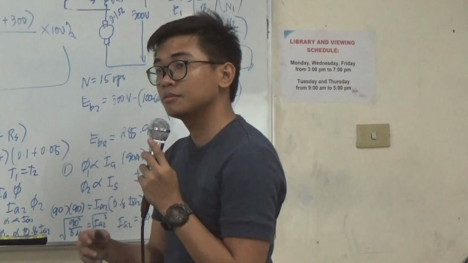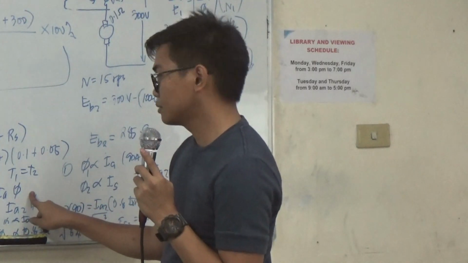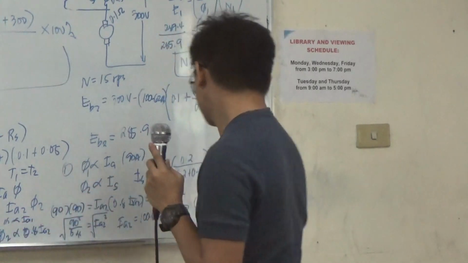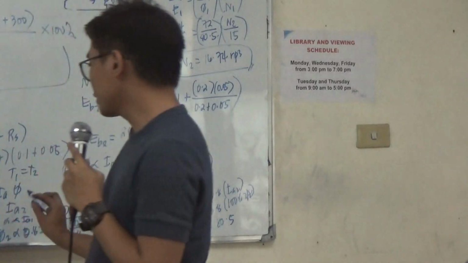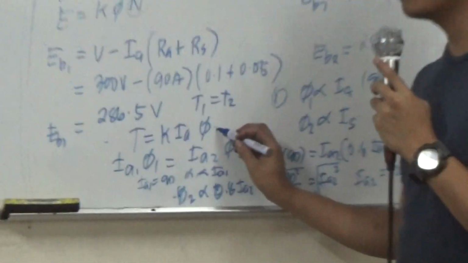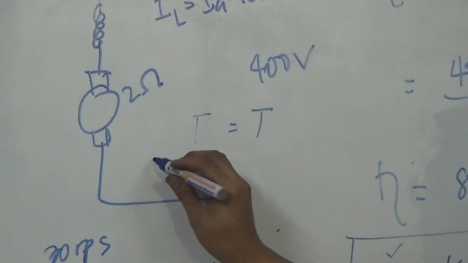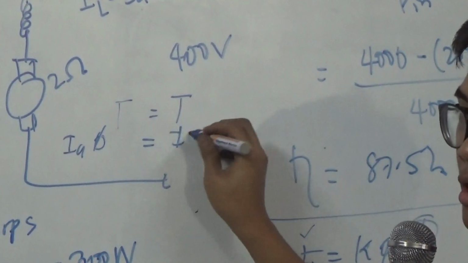Di ko lang na-gets, bakit po dun sa 90 times 90, yung 20 times 90 po, di ko na-gets yung equivalence. Ratio and proportion, no? So we assume torque. Full load torque siya, so equal siya sa torque. Then, meron tayong formula na IA times flux equals to IA times flux.